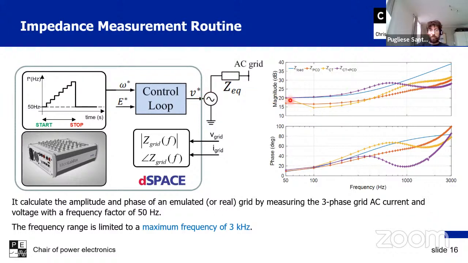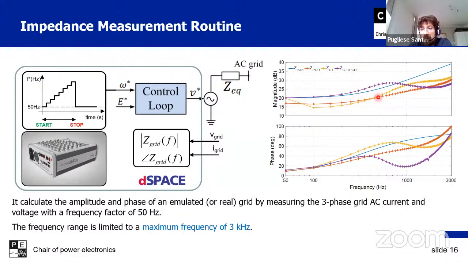Here are shown, for each interface algorithm, some experimental measurements which prove, for example, how the controlled current type, which is the yellow one, is accurate only at 50 Hertz. For other ranges of frequency it is less accurate.